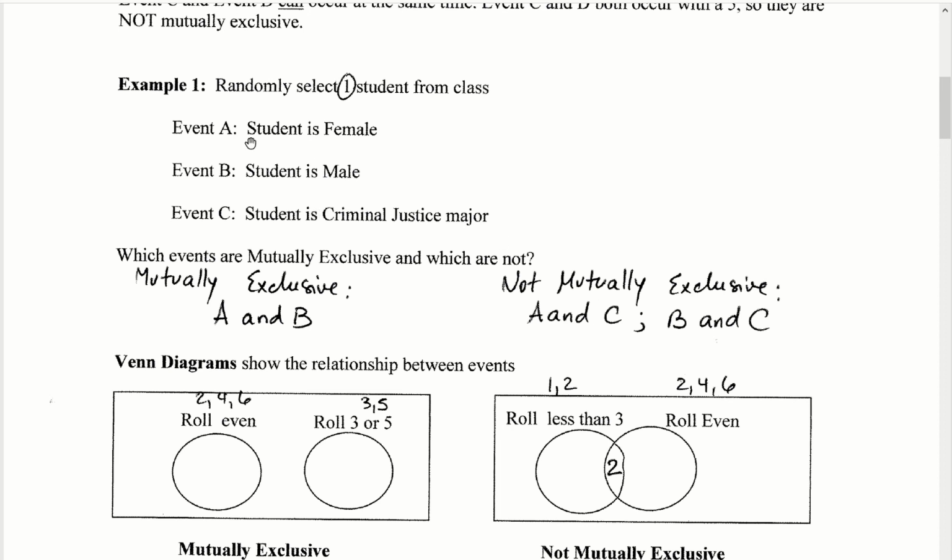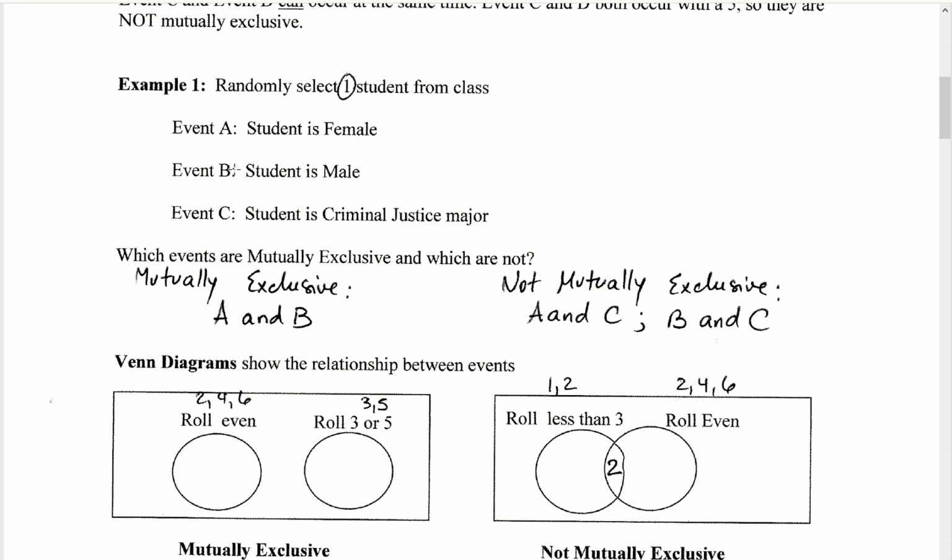However, if we compare A and C as a pair, event A and event C would not be mutually exclusive because it's entirely possible to select a female student who also is a criminal justice major. So because A and C can happen at the same time, they are not mutually exclusive.